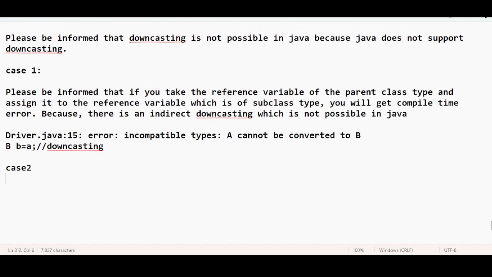Okay, what is case two? When you are creating an object of A equal to new A, you are trying to do the forceful downcasting with the help of the typecast operator, right?